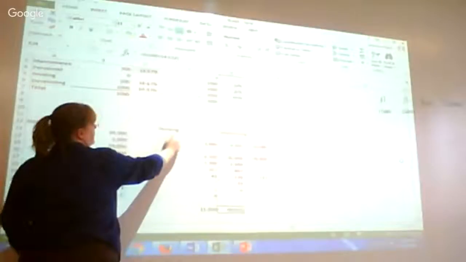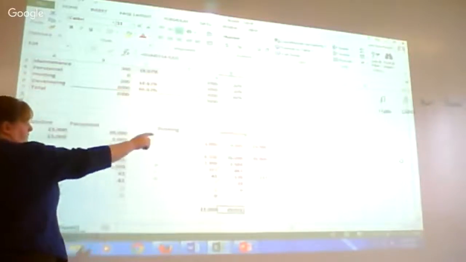Yes, no, maybe? What's really nice about this one, this is the reciprocal method, but these first two lines are the same that you would do for the step-down method. The first two lines are the exact same thing because the first line recognizes the relationship between machine personnel, machine printing, machine developing, and then in the step-down method, you just wouldn't go back.